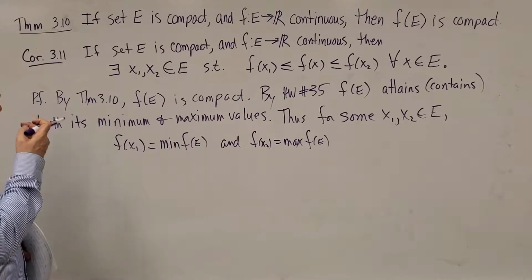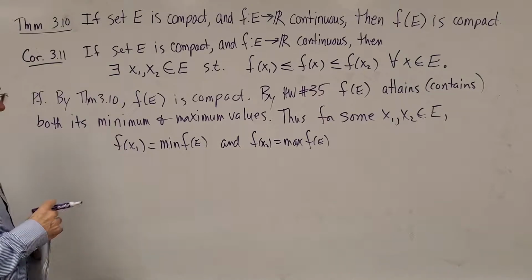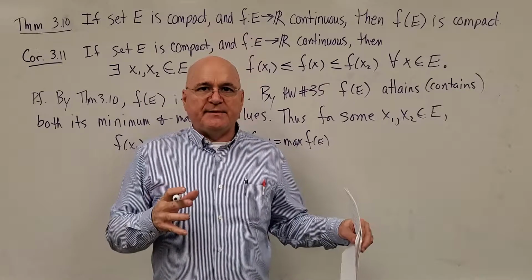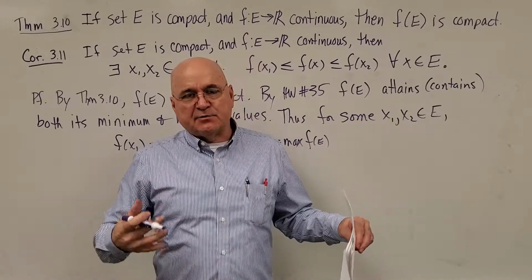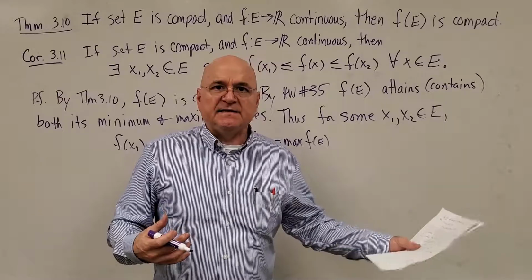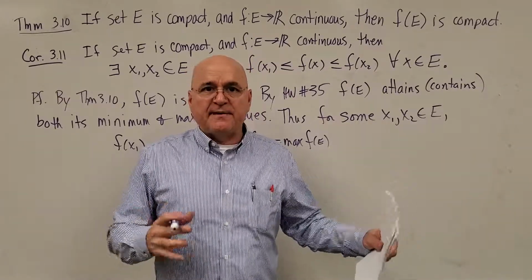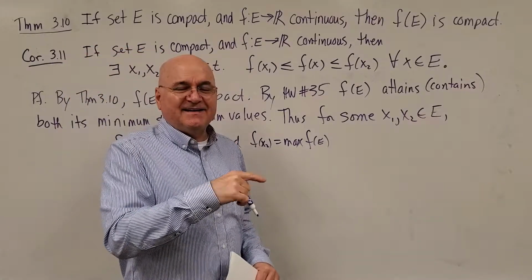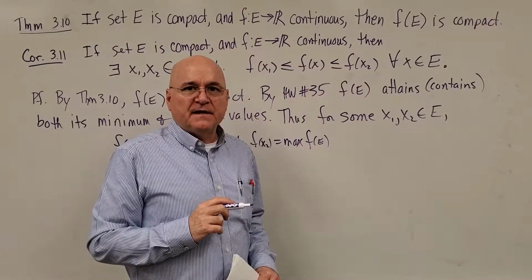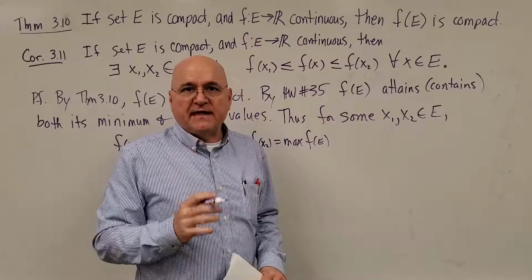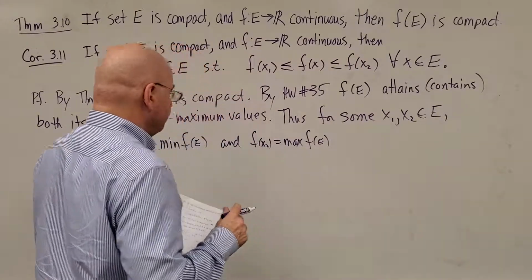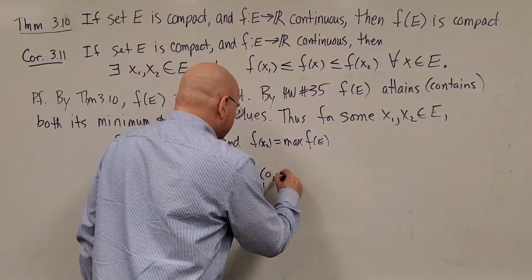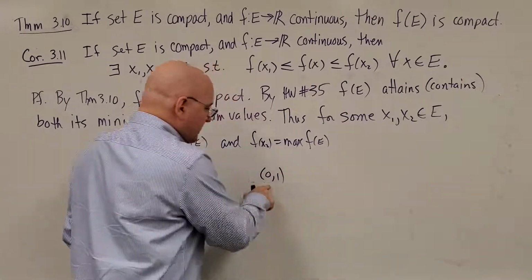Now in general, I would say every bounded set has an infimum and a supremum, a greatest lower bound and a least upper bound. That's always true for every bounded set. But because this is compact, you're proving in number 35 for the homework that there's actually a minimum value and a maximum value. So just a quick reminder, if you take the interval from 0 to 1, that's not a compact set.